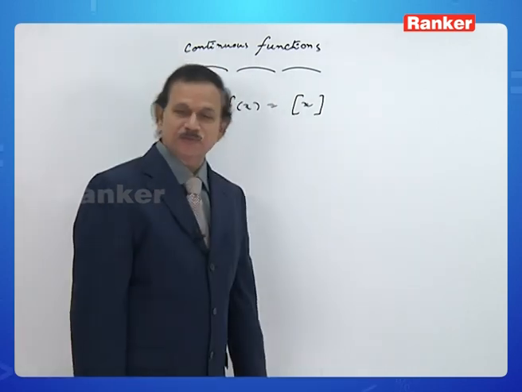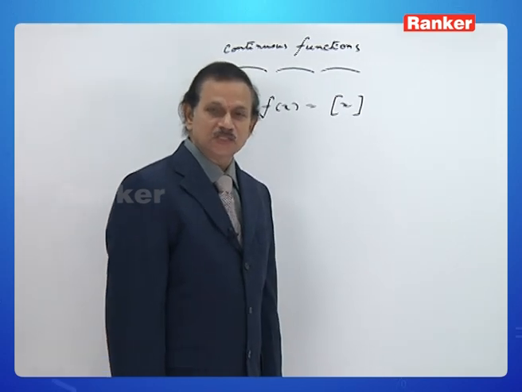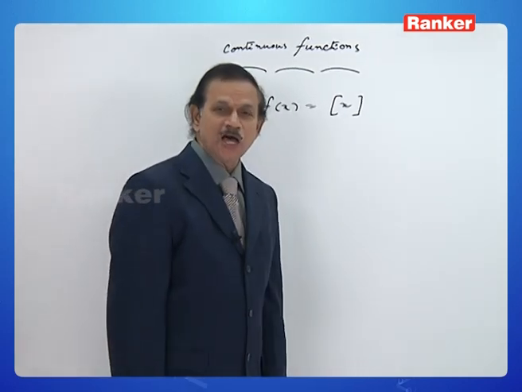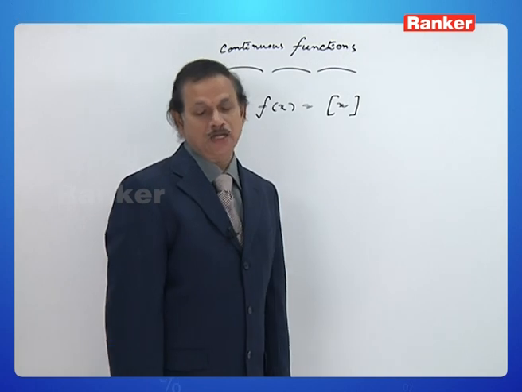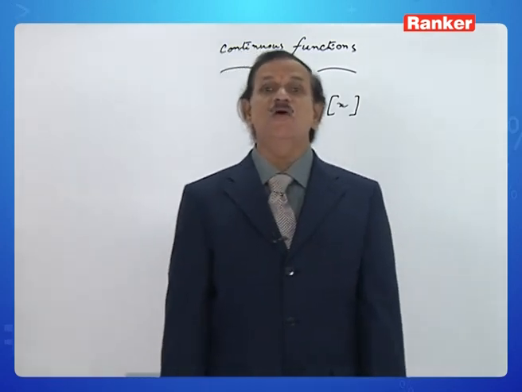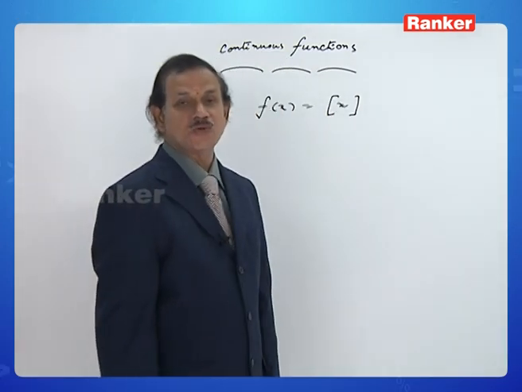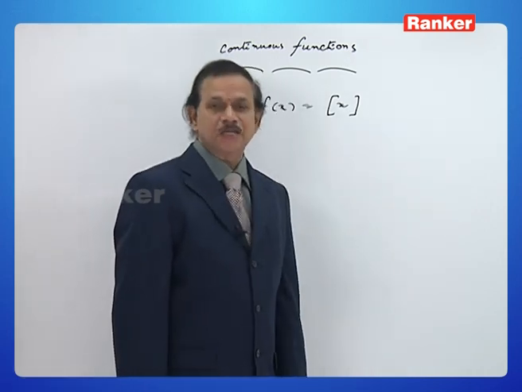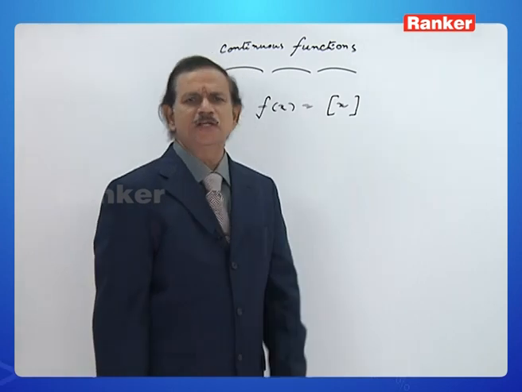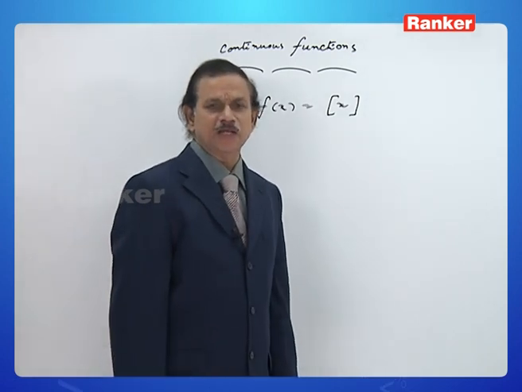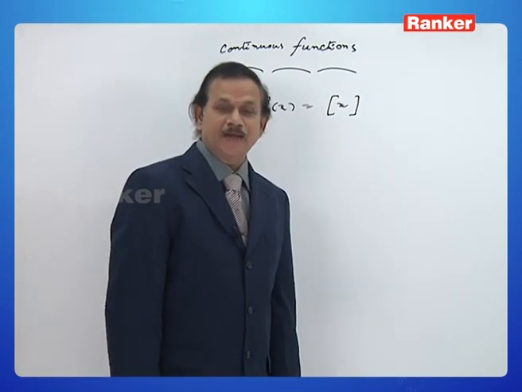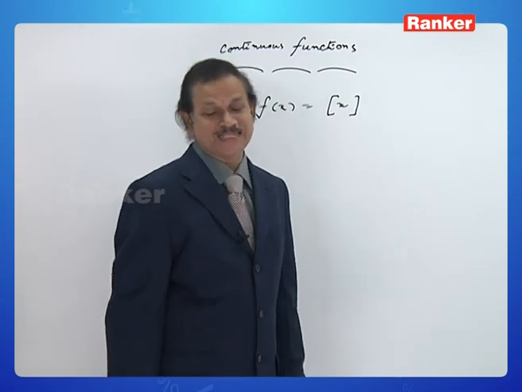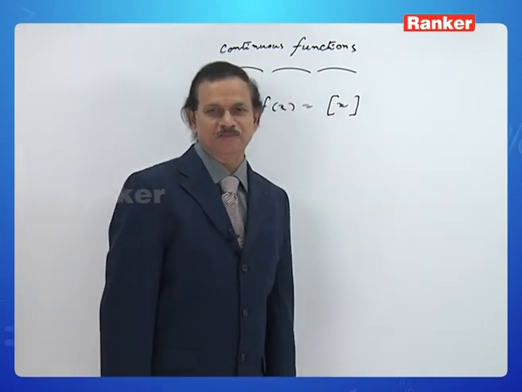This has a peculiarity. This is continuous on R minus Z and discontinuous on Z. That is what I mean to say: the function is continuous at every non-integral value of x and discontinuous at every integral value of x.